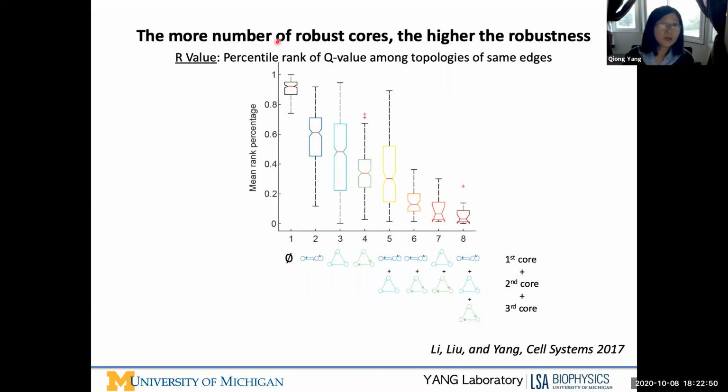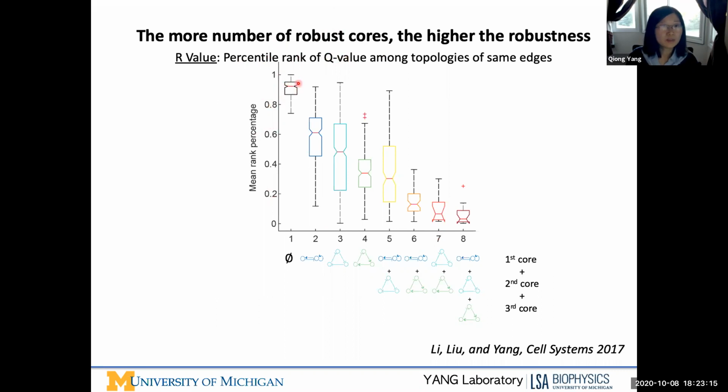All right, so because now we need to compare the robustness across different complexity, we cannot directly use the Q value. Instead, we use the rank percentile of the Q value. So if any topology has a larger rank number, it is less robust. Okay, keep that in mind.